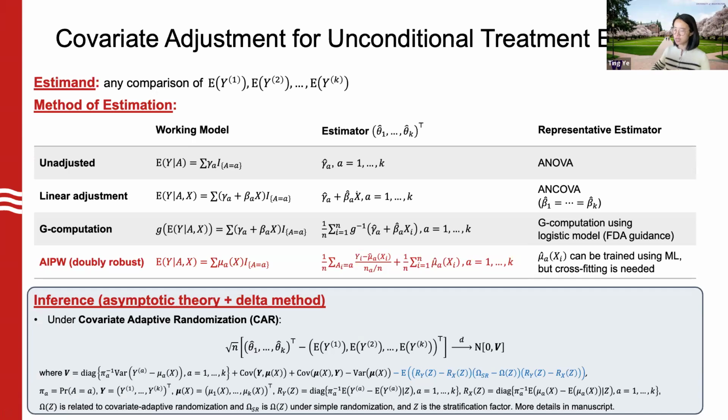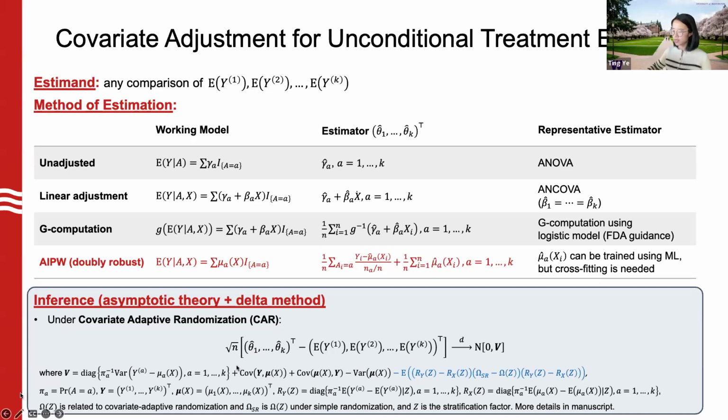So in the next couple of slides, I'll talk about a few theoretical results. It's a bit technical, but I'll explain them, and it's okay, you just get the big picture. So for the AIPW estimator defined here, we study its asymptotic distribution under covariate-adaptive randomization, which again includes simple randomization as a special case, but also includes stratified permuted block and Pocock-Simon minimization methods.